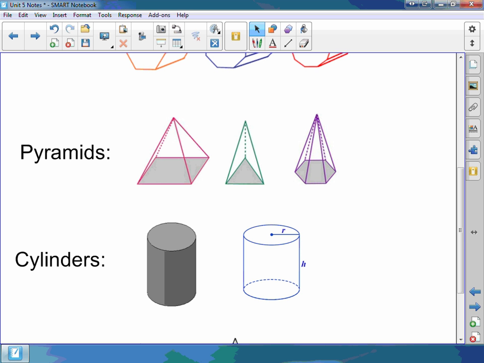Now, how do you determine how many triangular lateral faces you have on a pyramid? Do you know that, Sarah? Good, exactly. If I have a four-sided base, I'm going to have four triangles. If I have a five-sided base, five triangles. This one here would only have three because it's a triangular pyramid.